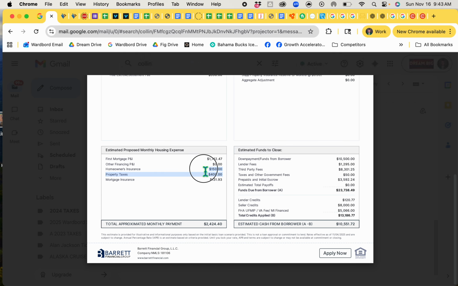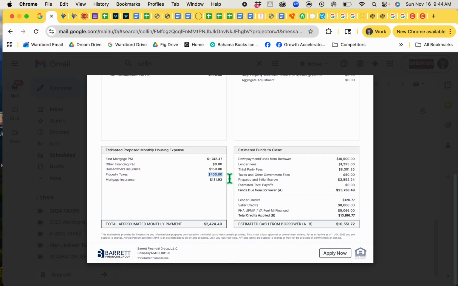So let's look at these two numbers right here. I know you can't see my calculator right now, but the top line, first mortgage, is $1,742.47, and I add the insurance, $183, assuming it were about $2,200. I don't know, your aunt may be able to make this happen, but let's say hypothetically it was $183, not $150, plus that other number. What was that?